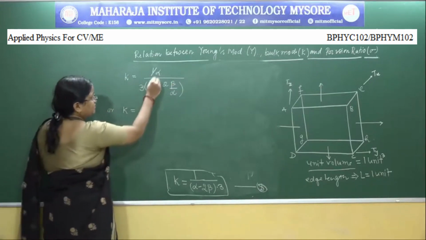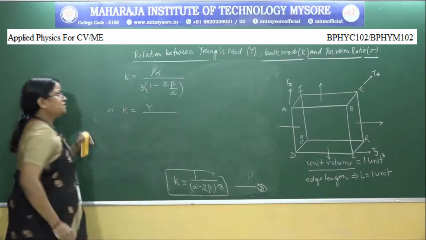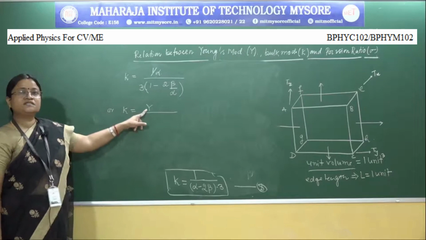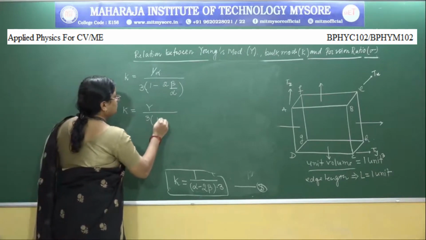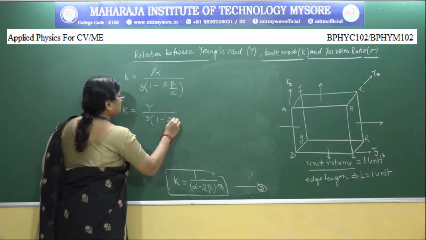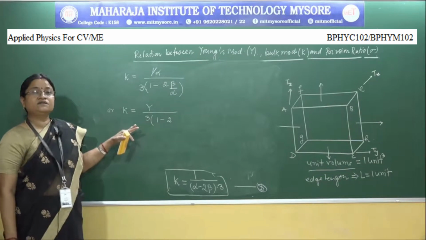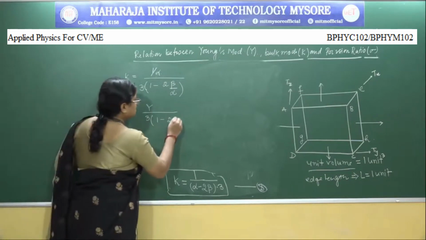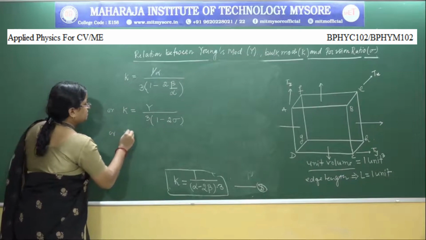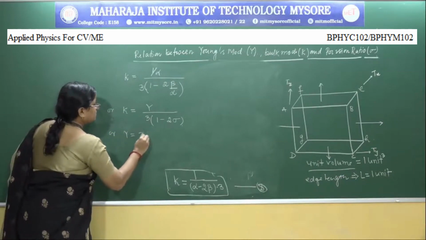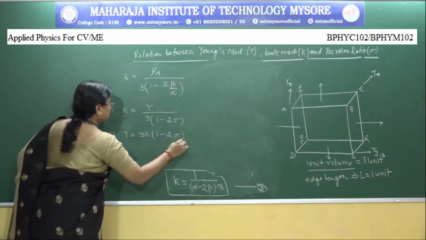So this 1 by alpha can be written as Y, Young's modulus, and it is 3 into (1 minus 2 beta by alpha), and beta by alpha we know is the Poisson ratio, sigma. So we rearrange the equation. We get Y is equal to 3K(1 minus 2 sigma).